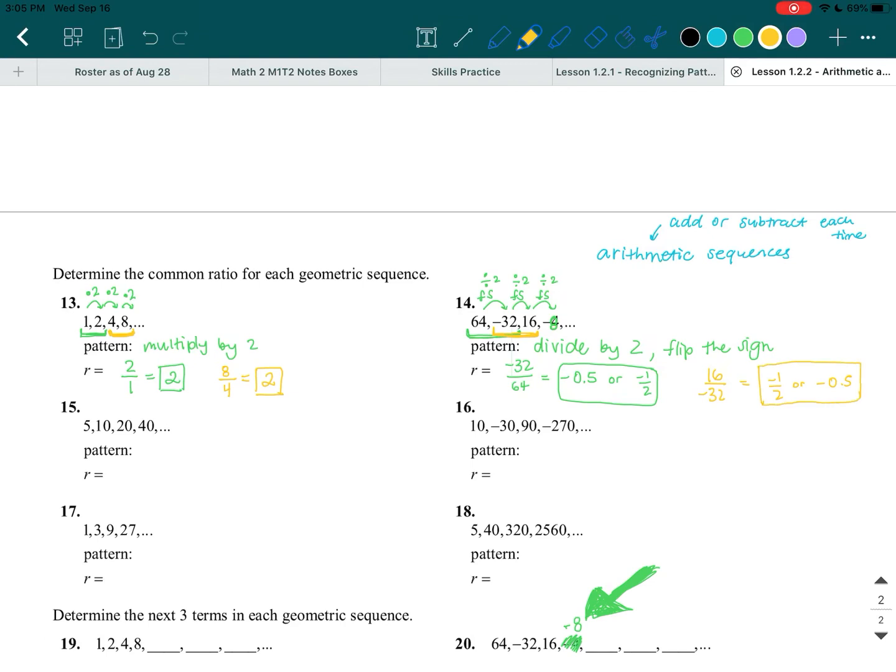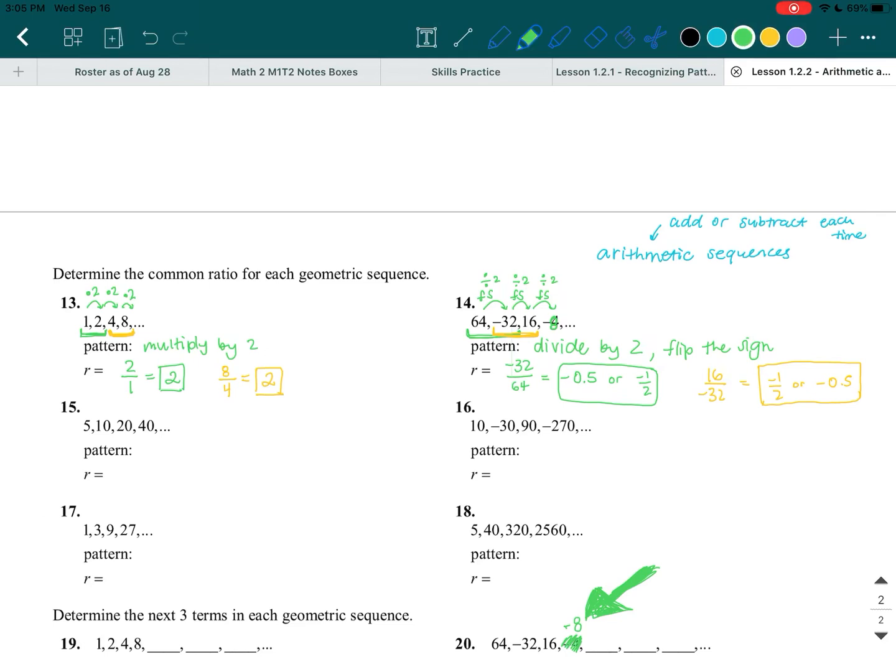So you can still get the same common ratio. Okay? And so when you are dividing by 2 and flipping the sign, you are really multiplying by a negative 1/2, a negative 0.5. The reason for this is because that fraction, that negative 1/2, the fact that there's a 2 in the denominator means that you are dividing by 2. All fractions are division problems.